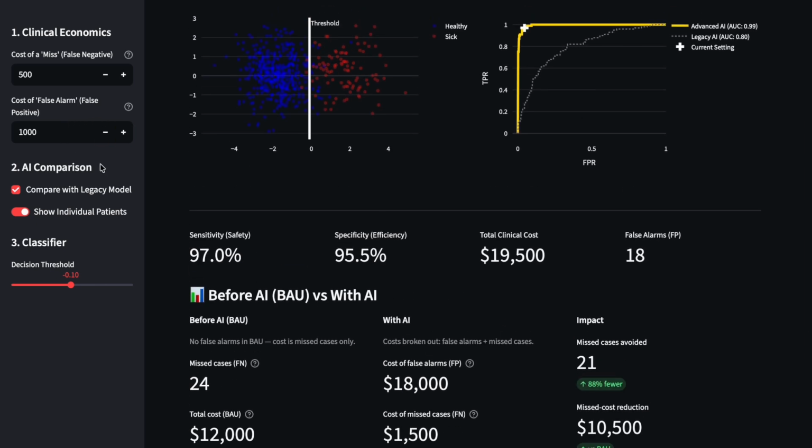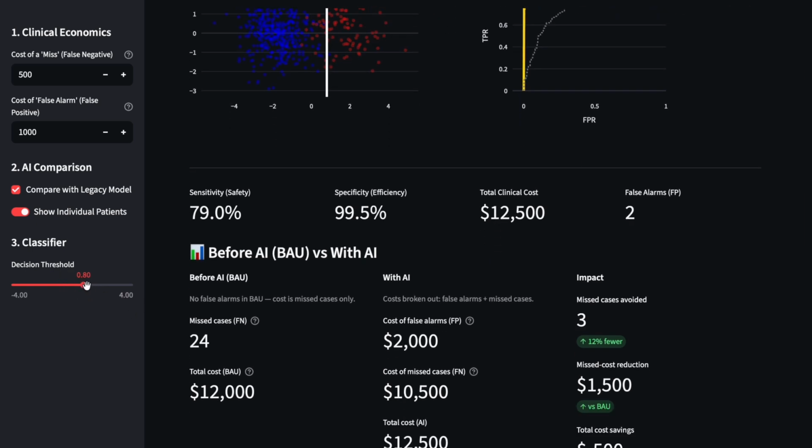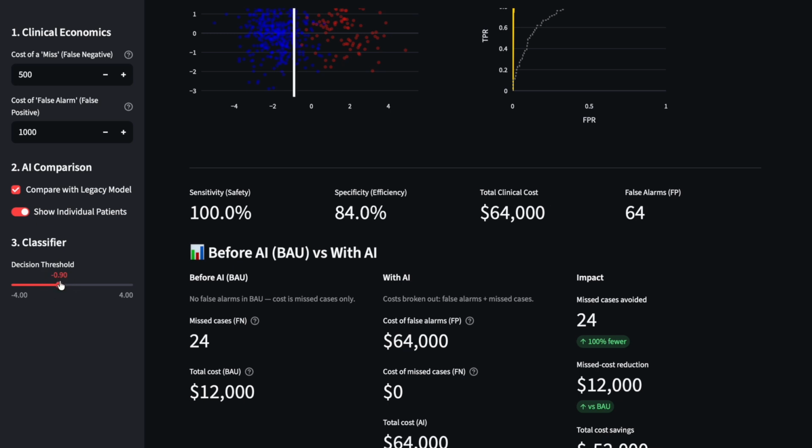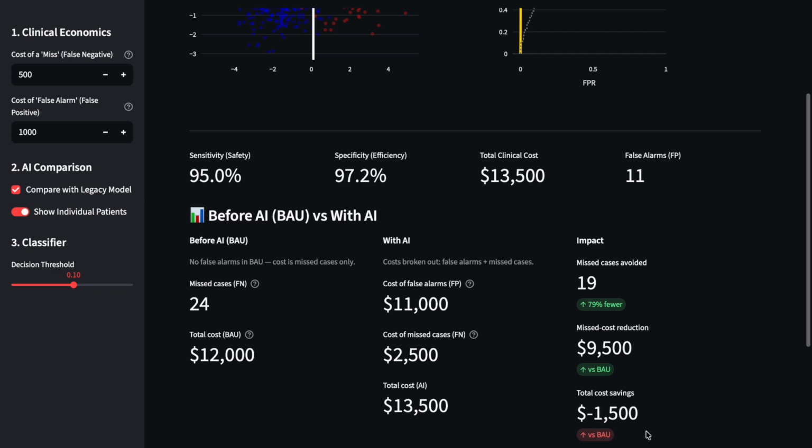So we need to reduce false alarms as much as possible. How can we do it? It's almost impossible, so maybe in this case we cannot. For this case, our model is useless. That's the best we can do, and even in this case it doesn't work.